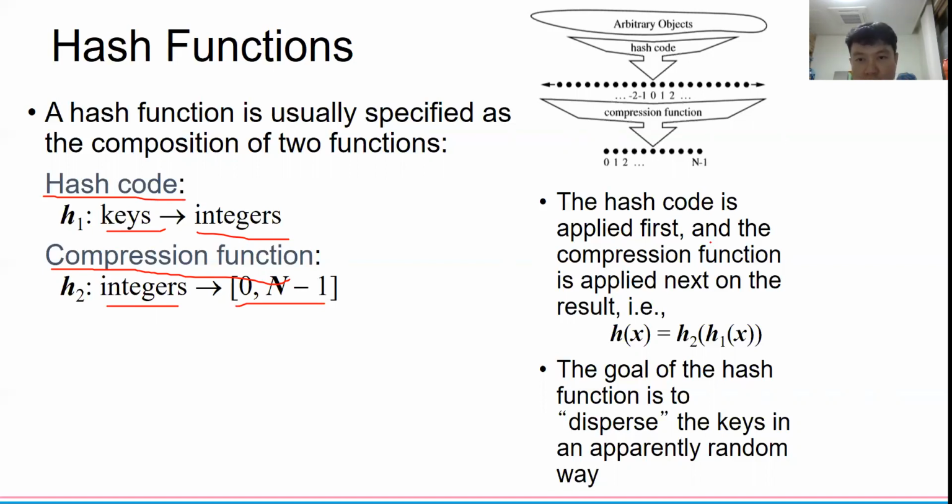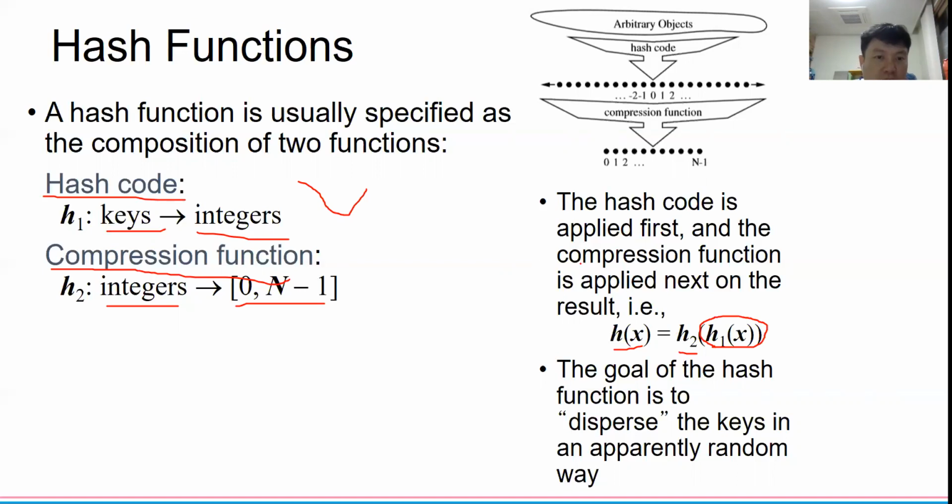The hash code is applied first, and then the compression function is applied next. Then we have h(x), which is h2 of h1. The goal of the hash function is to disperse the keys in an apparently random way, so you can store them in a random way in the table according to this function.